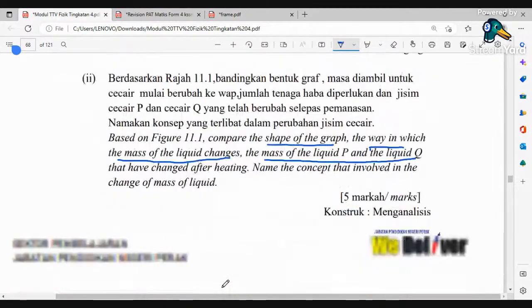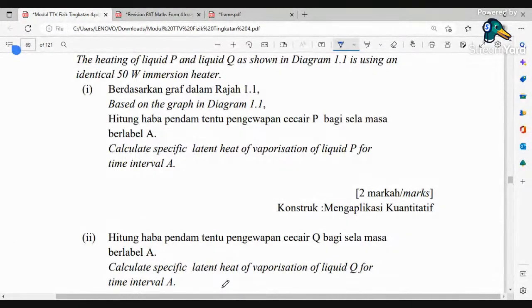Okay, now we want to calculate specific latent heat of vaporization liquid P for time interval E. So this one just the process of boiling, so constant temperature, no change in temperature. So Q equals to mLv. Dan kes ni, so just gantikan P, 50 watt.